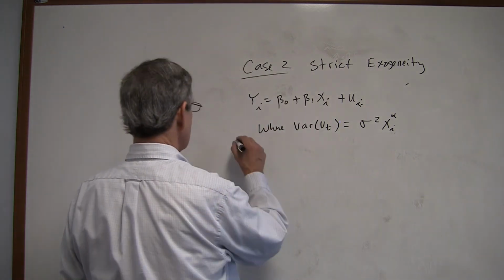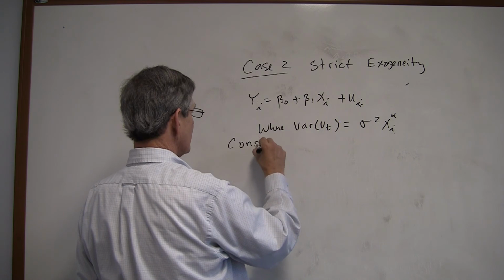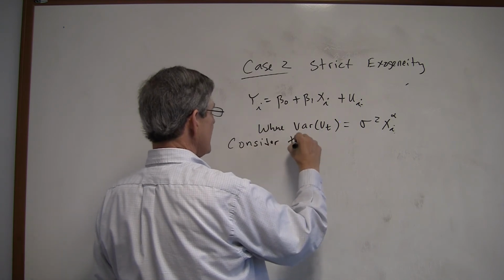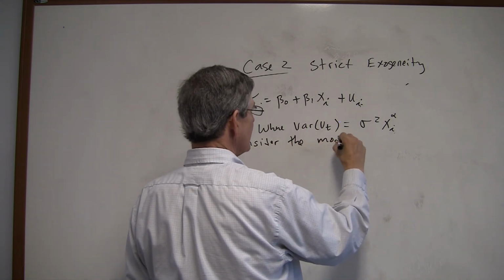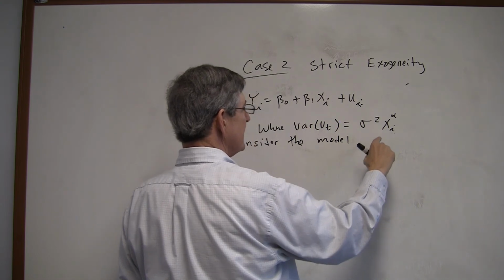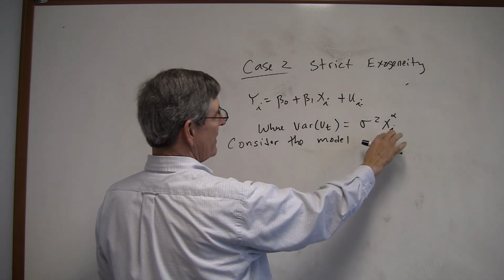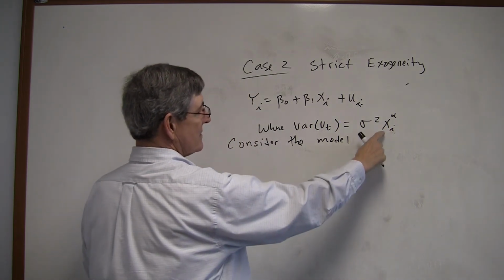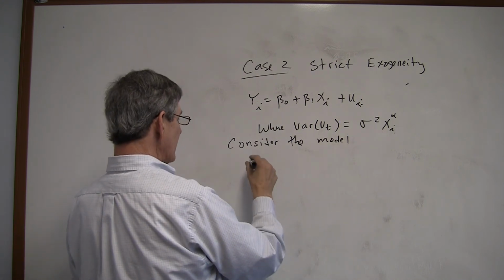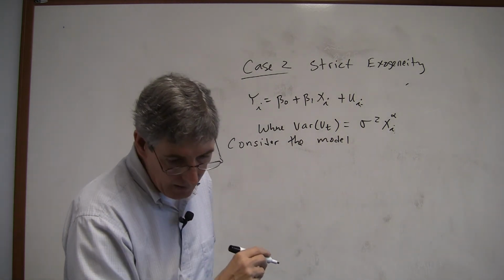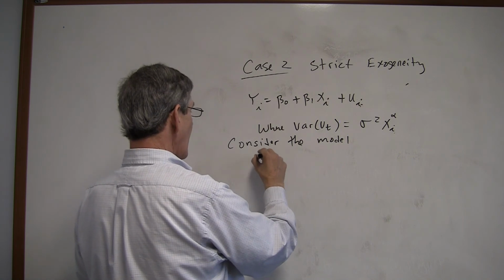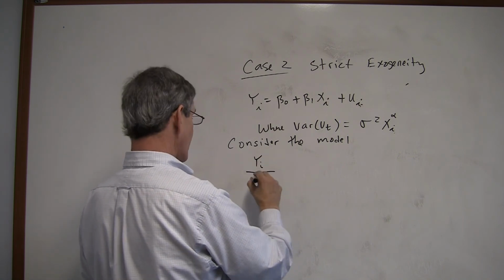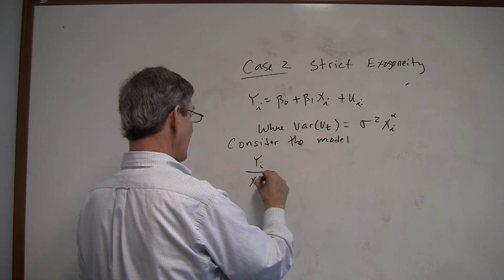Consider the model. There's actually a way to figure out exactly what this would need to be by just looking at this. It's basically the square root of the problem. So it's basically the square root of this. What if I were to divide through by xt to the alpha over 2, so yi over xt to the alpha over 2?